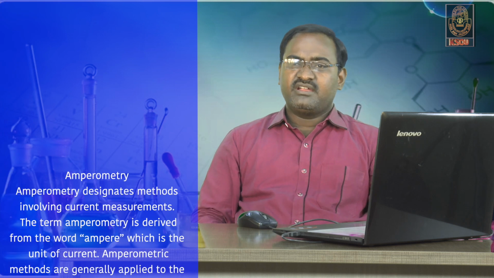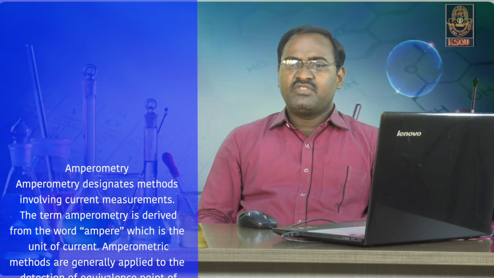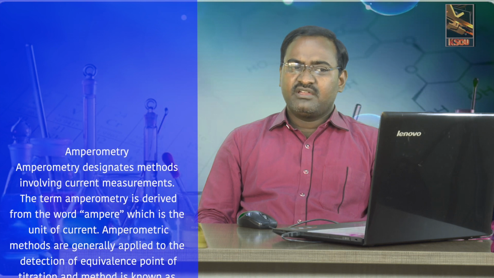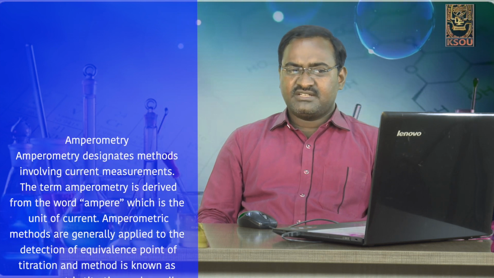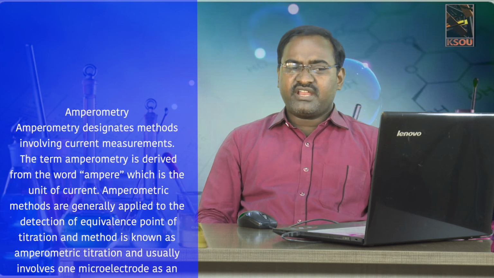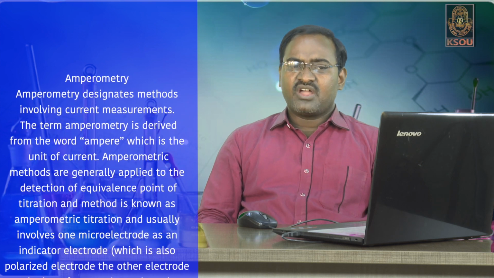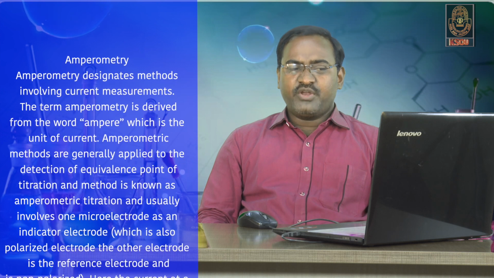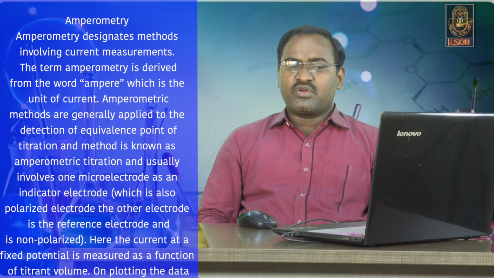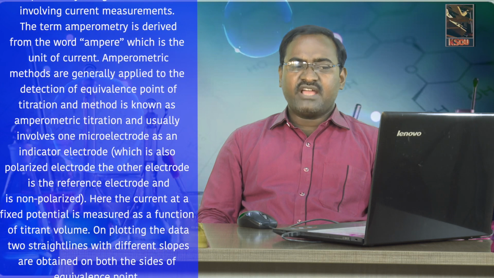Amperometry designates methods involving current measurements. The term amperometry is derived from the word ampere, which is the unit of current. Amperometric methods are generally applied to detect the equivalence point of titrations, and the method is known as amperometric titration. It usually involves one microelectrode as an indicator electrode, which is also a polarized electrode.